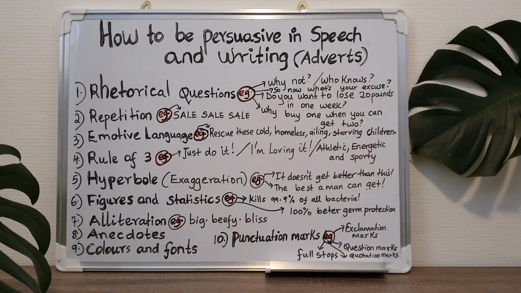Okay? You could say something like, 2 years ago, I had a big problem in the bathroom. I could not get rid of flies. But then I bought this product that killed 99.9% of all the bacteria in my kitchen.